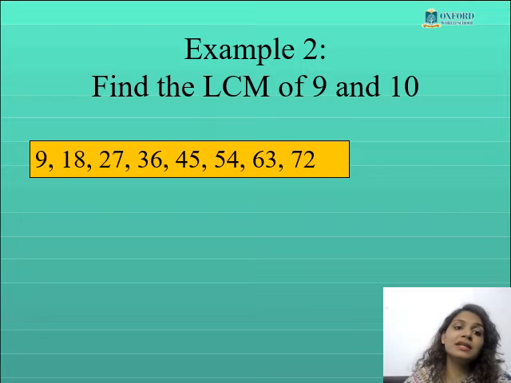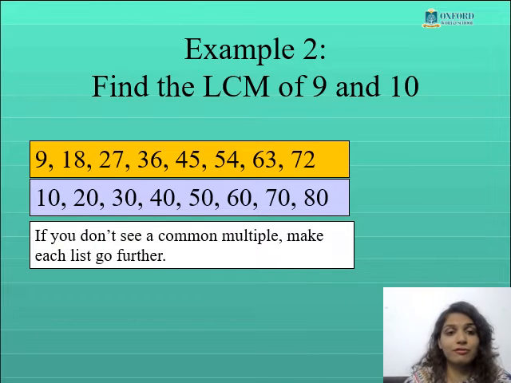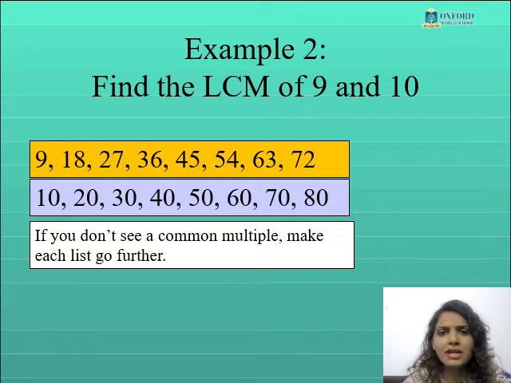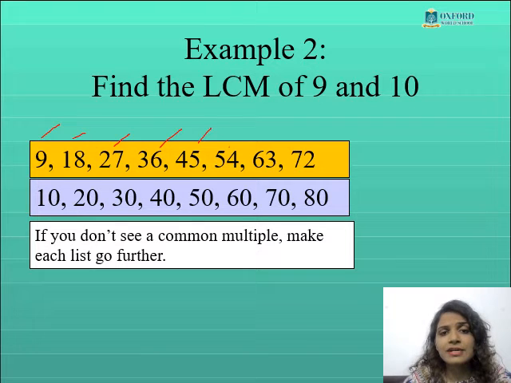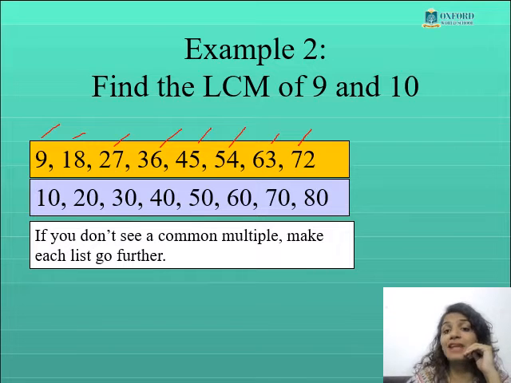Multiples of 9, multiples of 10 and can we see anything common here? No. Why? Because I have mentioned here only 8 multiples of 9 and 10. But there is nothing common.